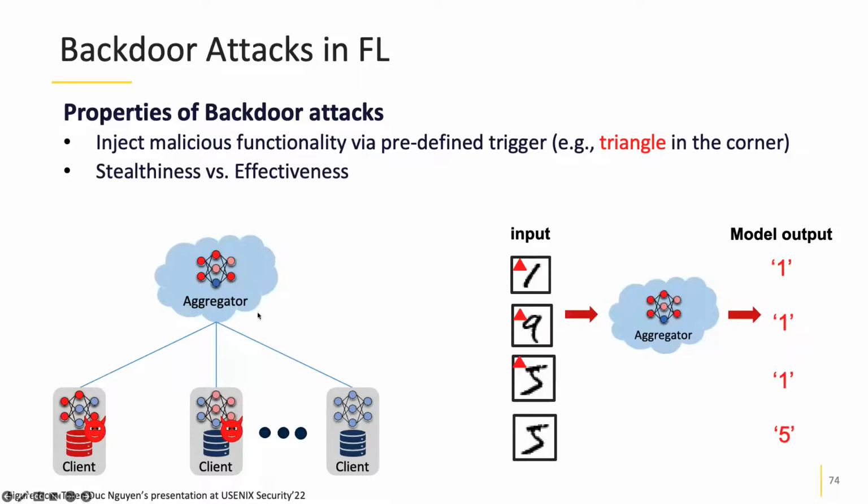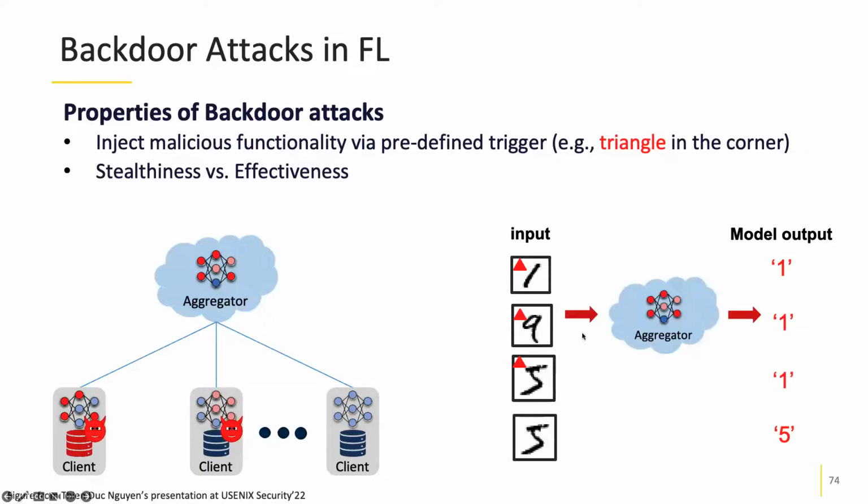After the global model is backdoored, it will produce targeted incorrect results on inputs with the trigger. For example, on the right side of this figure, when the trigger pattern, which is the red triangle, is added to the clean digit images, the global model on the cloud side will always predict the class of 1, which is the attack target class, no matter what the input image is.